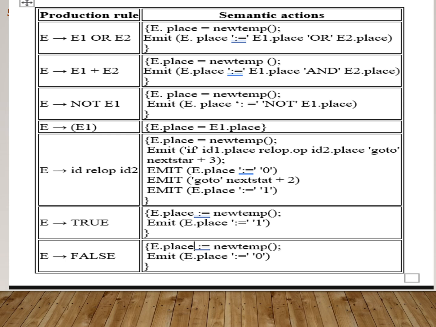So we are putting it as 0. And after the false condition, we have to go to the remaining part of the program. That is why we are saying next stat plus 2. And in the next statement, we will be doing the true statement. So please refer to the if condition that we generated for 3-address code. Then you will be able to follow this particular explanation.